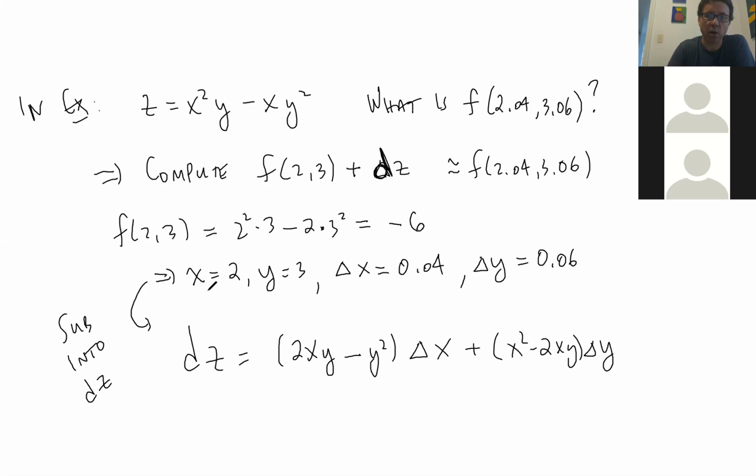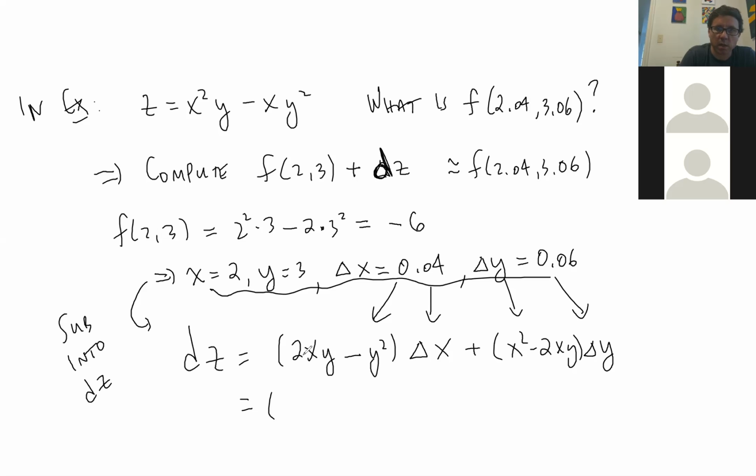And then I just take all this information and sub it in: wherever I have x, it's 2, y is 3, delta x is 0.04, delta y is 0.06. And so I will get 2 times 2 times 3 minus 3 squared. That's a quick, easy calculation. And then delta x is 0.04.